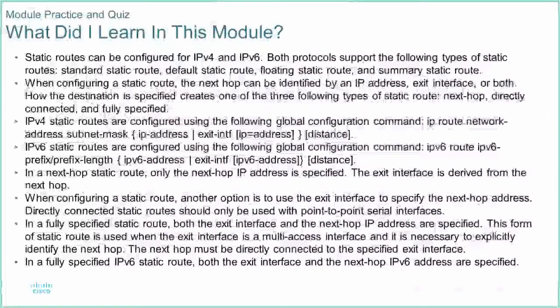If it's a multiple access link, in other words, it's not point to point, we would specify the exit interface followed by the IP address of the next hop. That's where we use the specific fully qualified address.